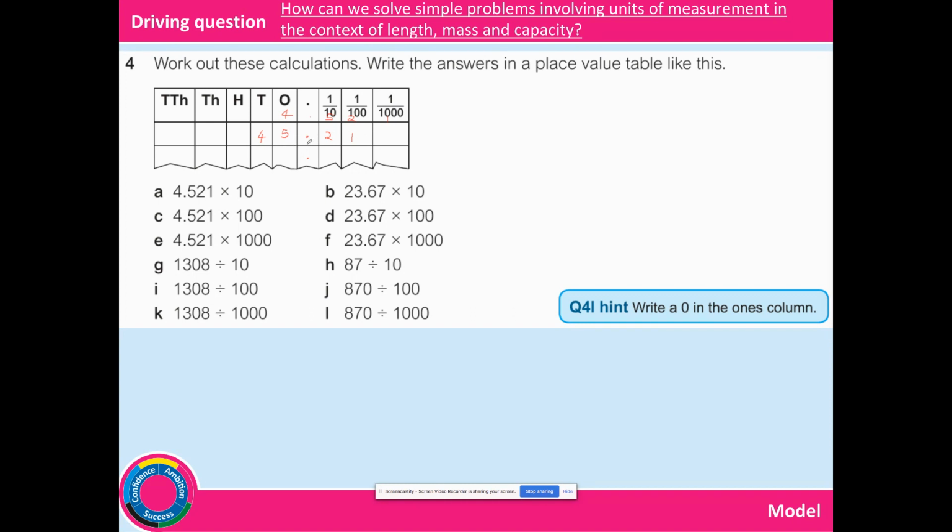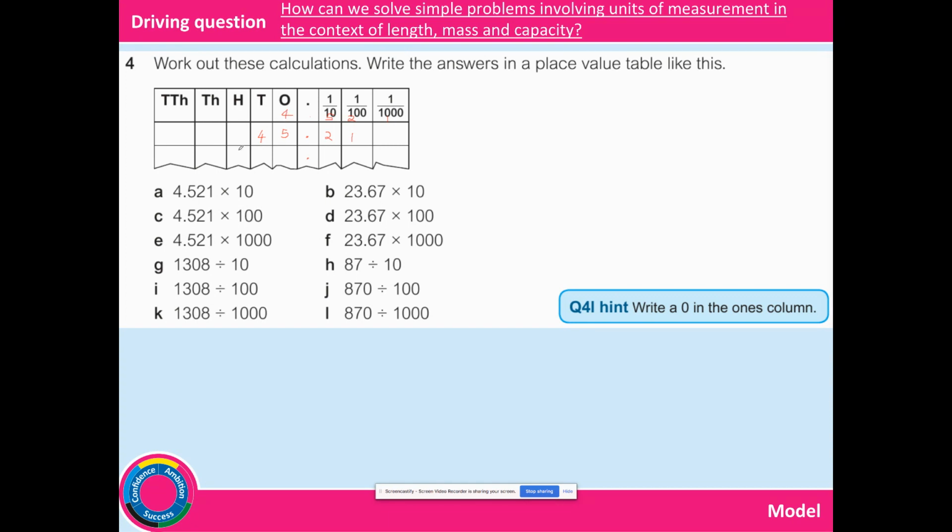Anytime you want to press pause so you can catch up with this table, do so and then just carry on playing. I'm just going to keep going for the time being. So our original number, 4.521, we're now multiplying by 100. There's 2 zeros. We're going to move 2 places to the left because we're making the number bigger. 1, 2.